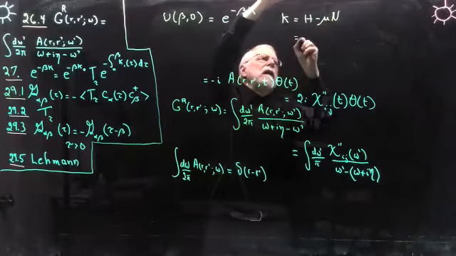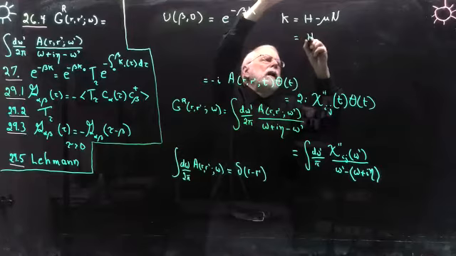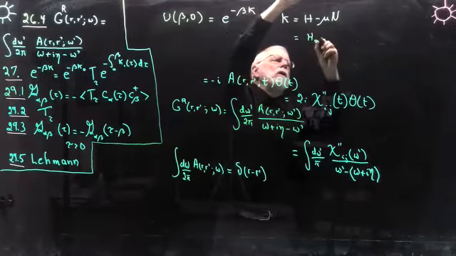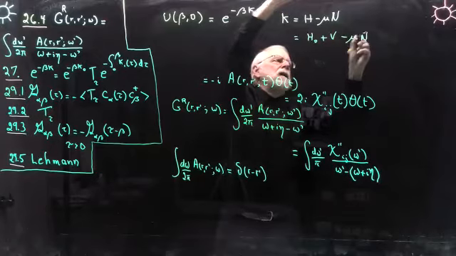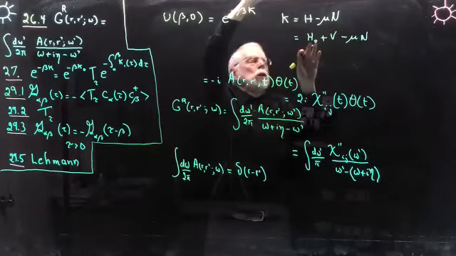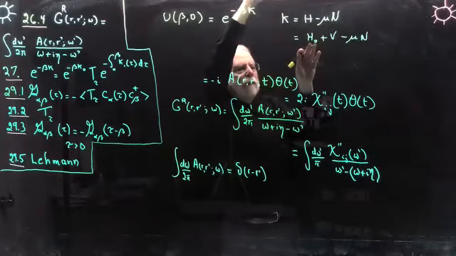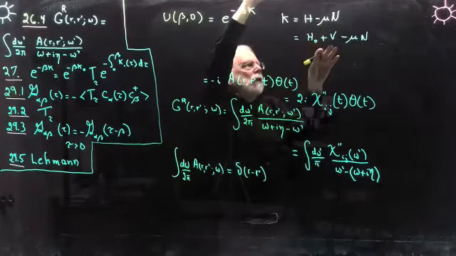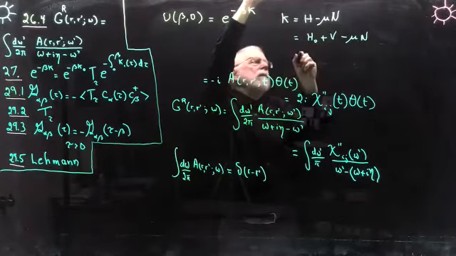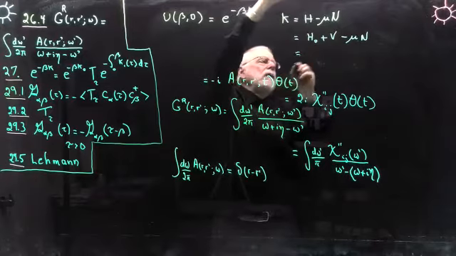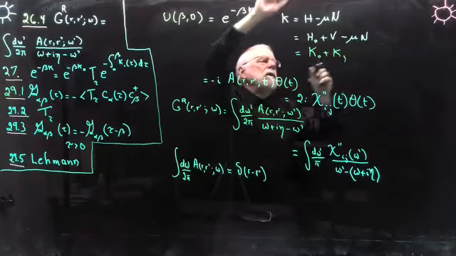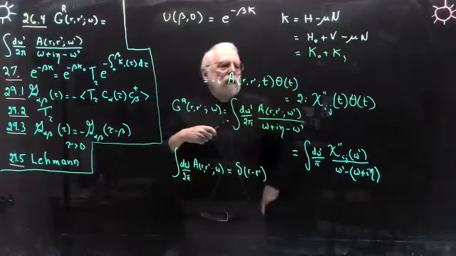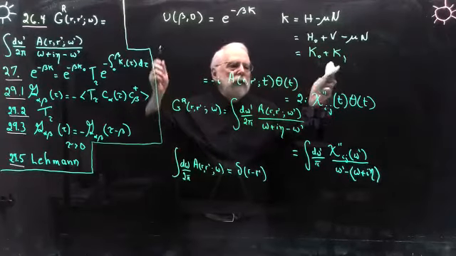And in general, h is h0 plus V minus mu n, where V does not commute with h0. So that's our problem: potential and kinetic energy. This I will write as K0 plus K1, and K0 and K1 don't commute with each other.